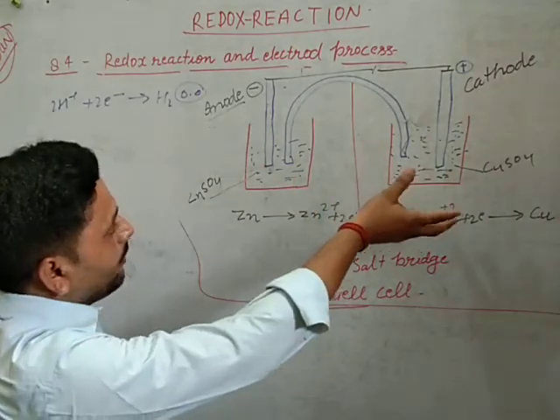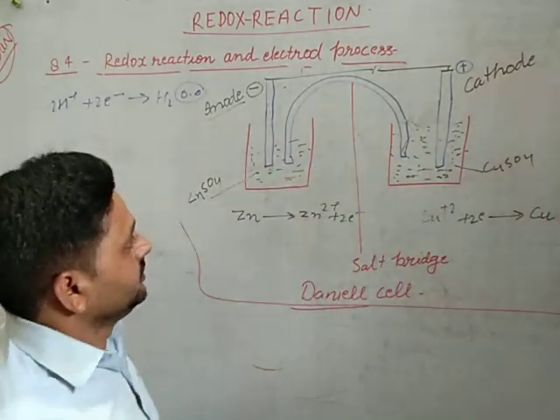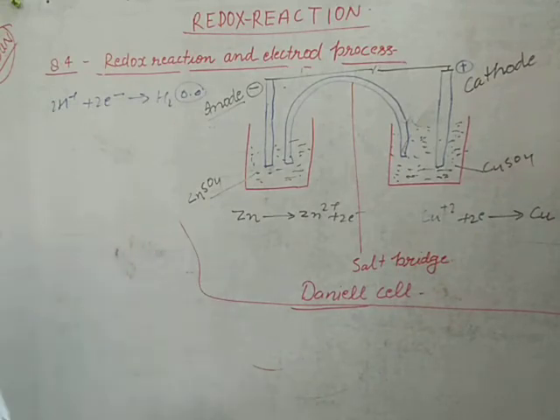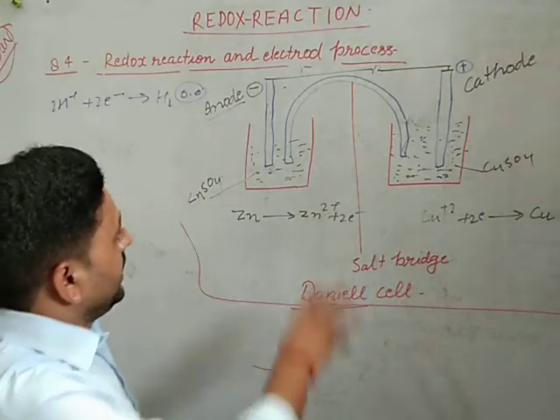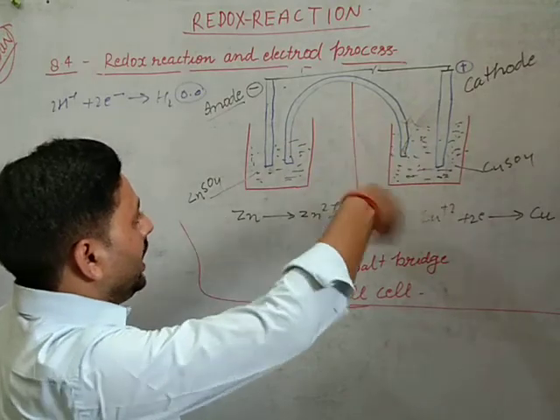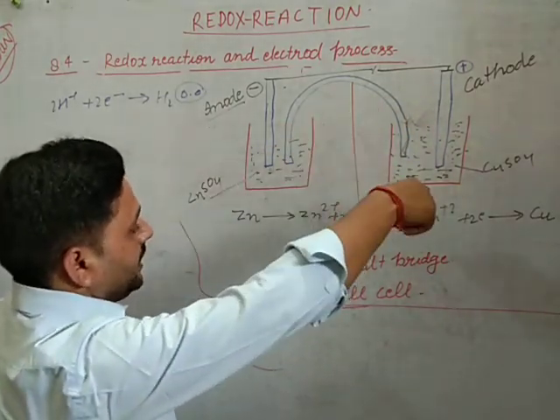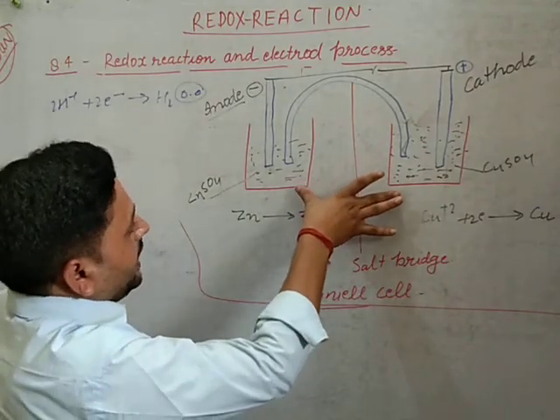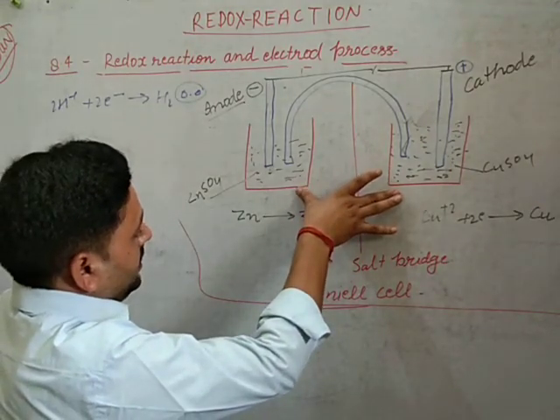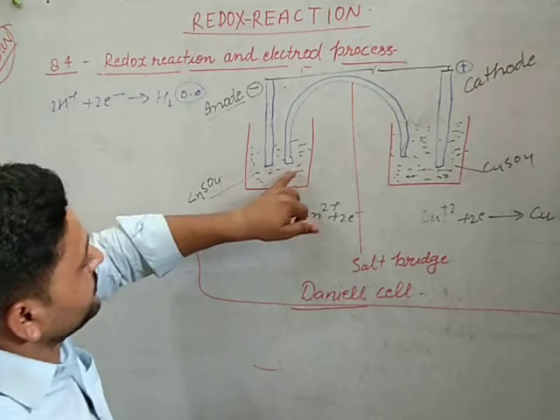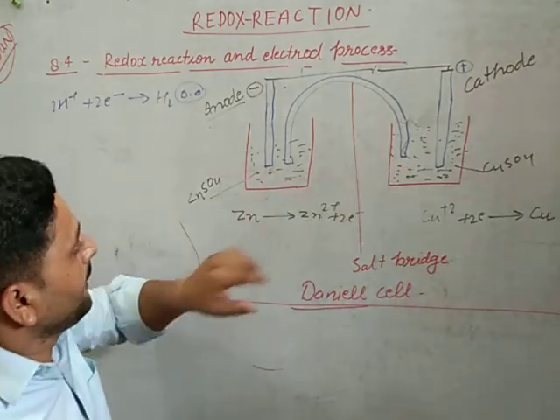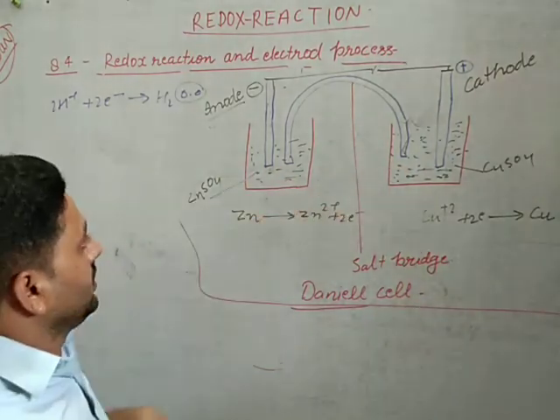It maintains the balance of ions between the two half cells in a redox reaction. The Daniell cell is a redox cell, so here the salt bridge helps to maintain the balance of charges.